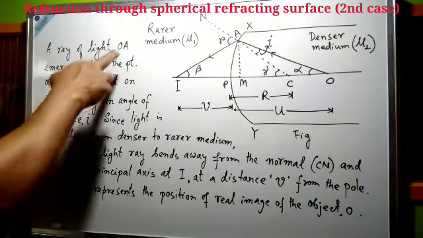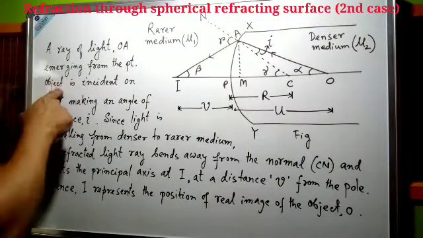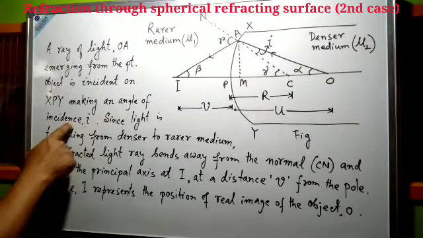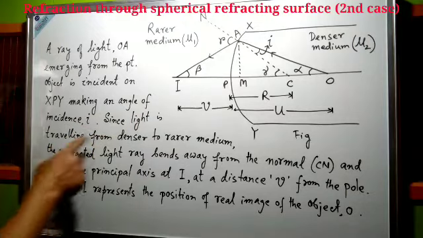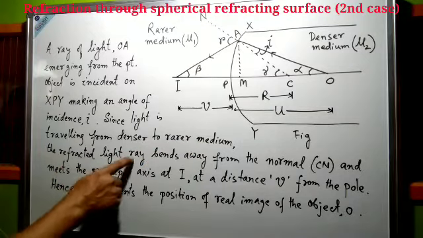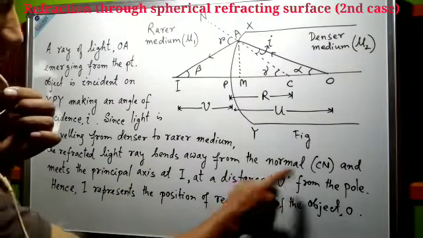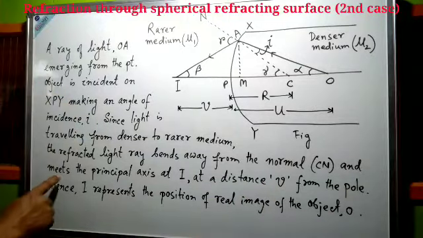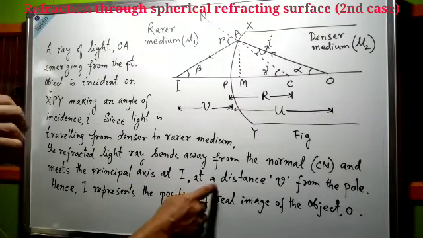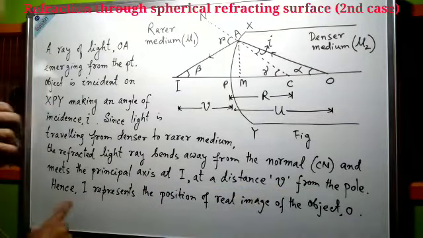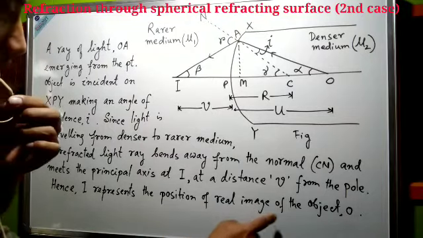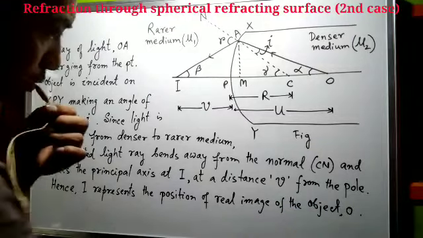A ray of light OA emerging from the point object is incident on XPY making an angle of incidence I. Since light is traveling from denser to rarer medium, the refracted light ray bends away from the normal CN and meets the principal axis at I, capital I, at a distance v from the pole. Hence, capital I represents the position of real image of the object O.